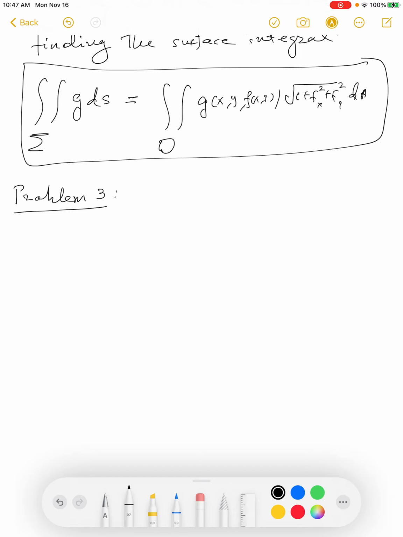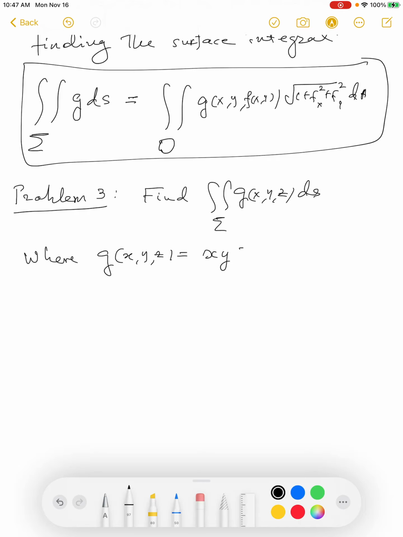So let's say find the surface integral of G of xyz on sigma ds, where G of xyz is simply, let's call it xyz, why not?